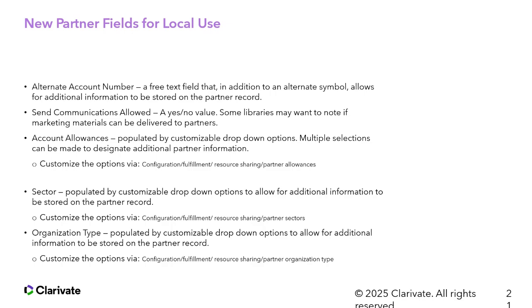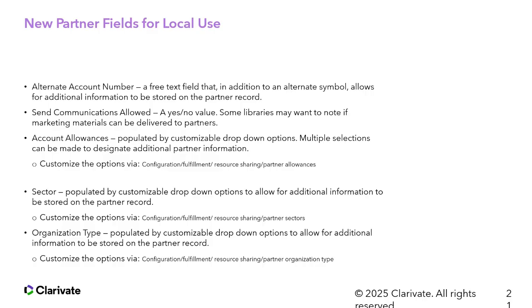So for example, account allowances is populated by that customization pathway of configuration, fulfillment, resource sharing, partner allowances, and you define the various drop-down options that you can then select on that partner record through that configuration pathway. Account allowances can store multiple selections on that partner record.